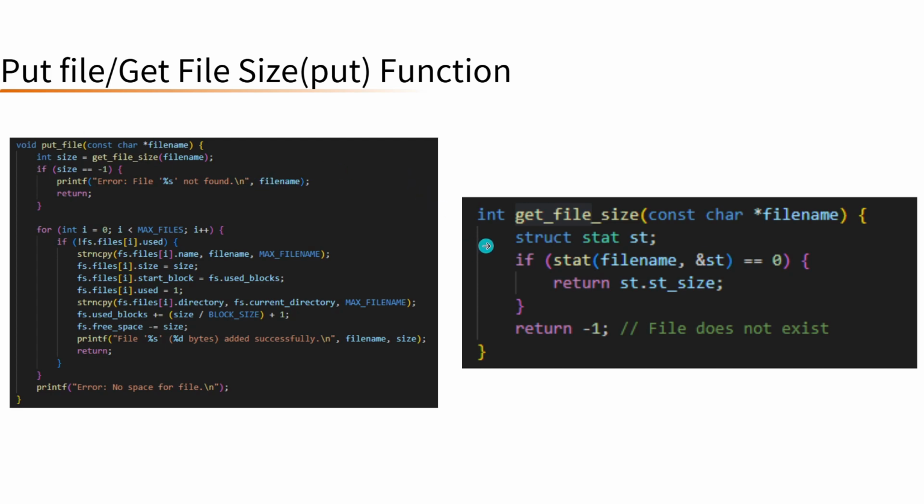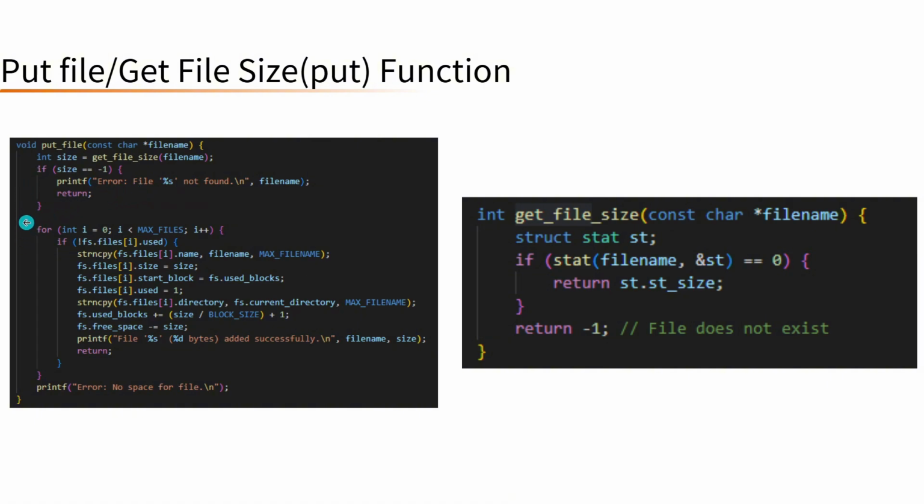The get file size function will first find whether the file exists, and it will return the file size, and if the file does not exist, it will return -1. So in here, if the size is equal to -1, it will print an error, because the file does not exist, so it will print not found.